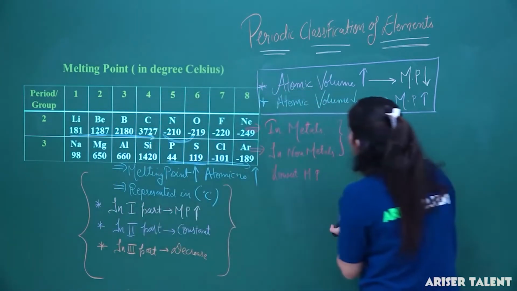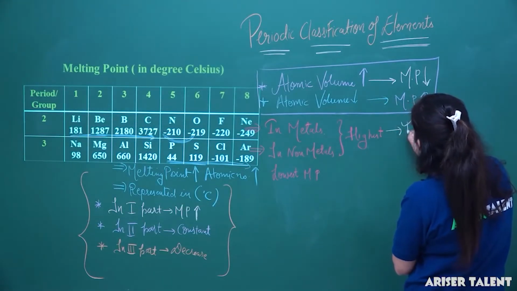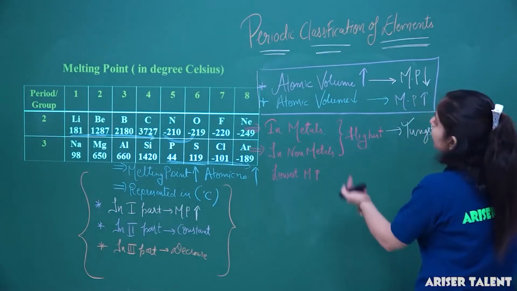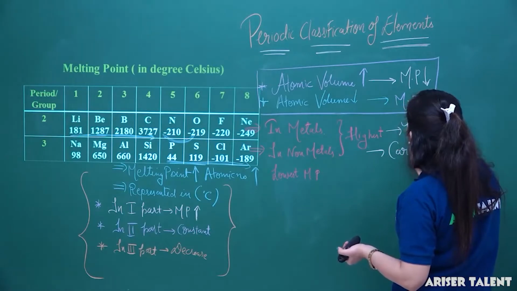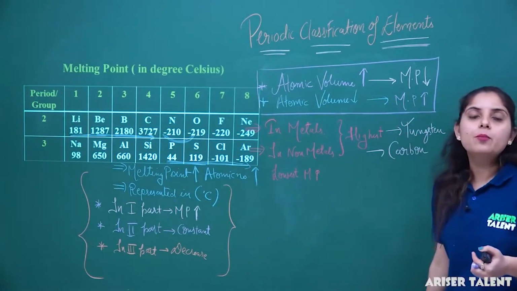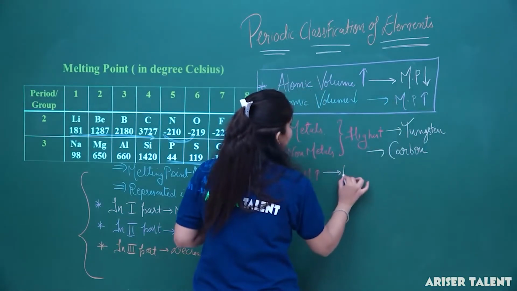So in case of the metals, which metal will have the highest melting point? Tungsten is going to show the highest melting point. If I am comparing non-metals, carbon will have the highest melting point. And what about the lowest melting point? The lowest melting point will be shown by helium.